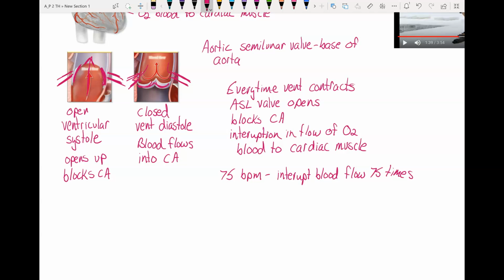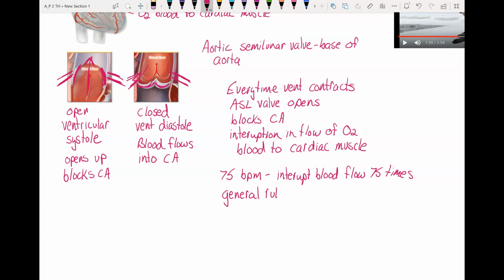Now, you can live with this. You have the myoglobin, your body's adapted, you can handle this. But there is a maximum. You may have heard of the 220 rule. It's just a general rule of thumb, right? So it's not an absolute number. It's not like if you go over this number, you're going to instantly fall over dead.